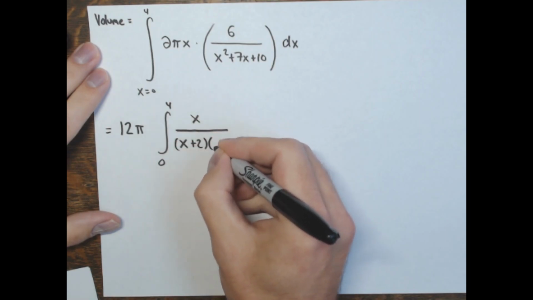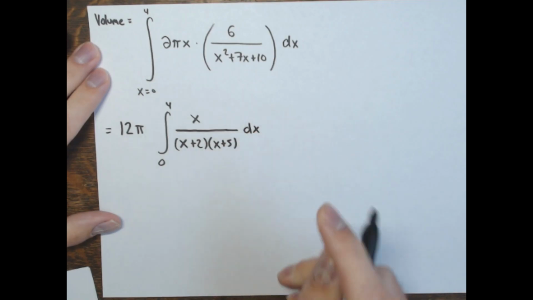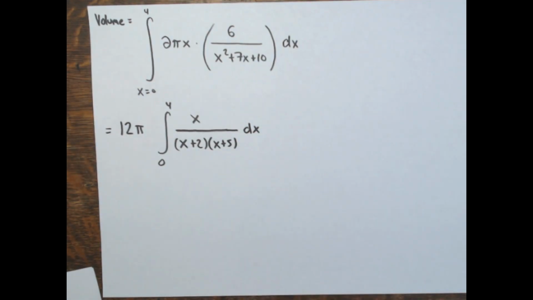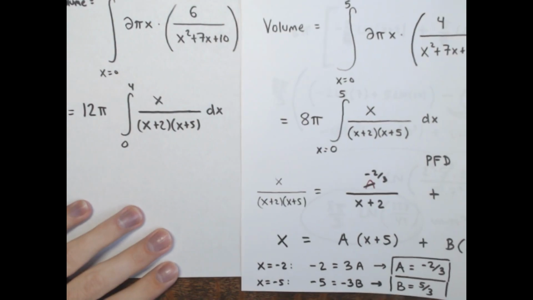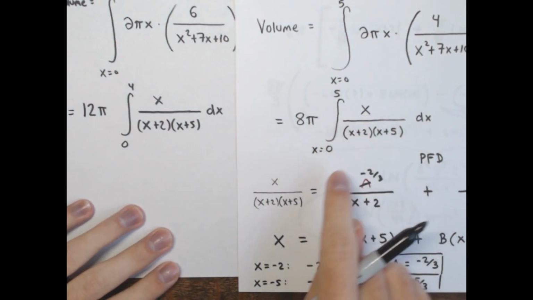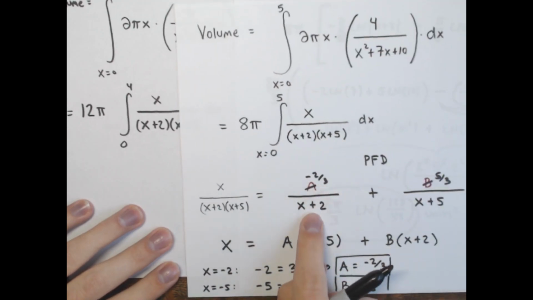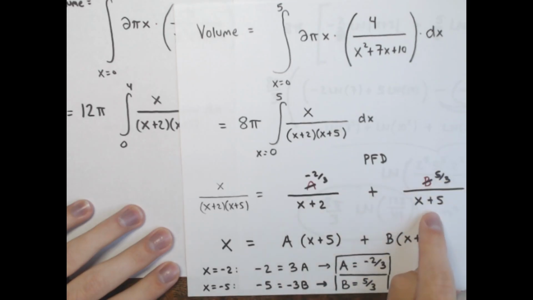It's a proper fraction, so I'm going to factor the denominator and get a partial fraction decomposition. Again, we did this earlier, so I'm not going to go through all this again. This x over x plus 2 times x plus 5 gave us negative 2/3 over x plus 2 plus 5/3 over x plus 5.